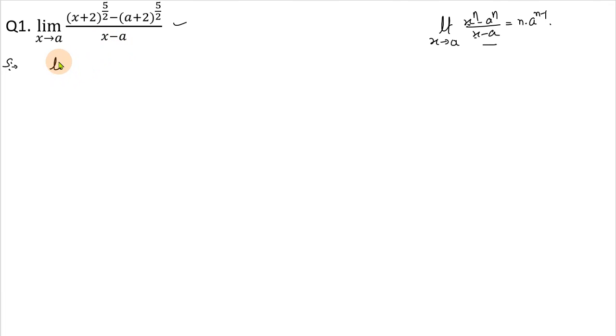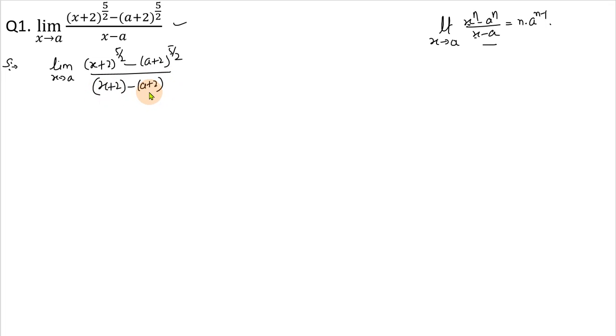So we should write it as limit x approaches a, (x plus 2) whole power 5 by 2 minus (a plus 2) whole power 5 by 2 upon, here I am going to add and subtract 2, so we can write it as x plus 2 minus a plus 2.